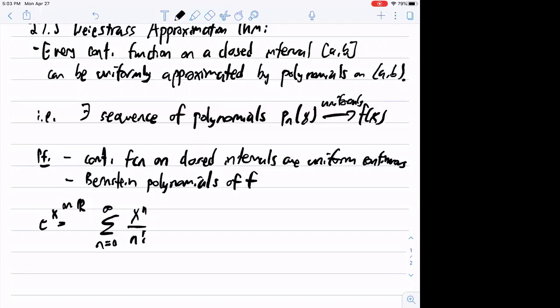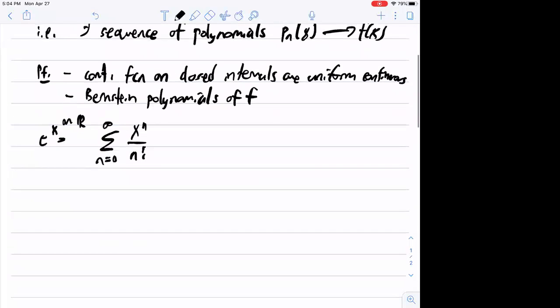So you could say, if I cut it off at some point, it should approximate e^x. But when I cut it off, it's going to be a polynomial. That's the intuition: if you restrict to a closed interval, you could find polynomials that approximate it. e^x is like cutting off the power series at some large enough point.